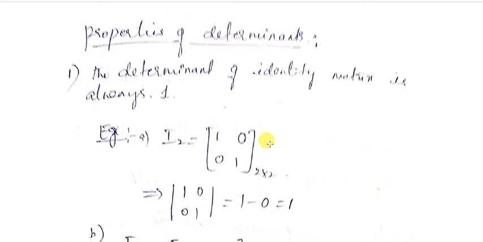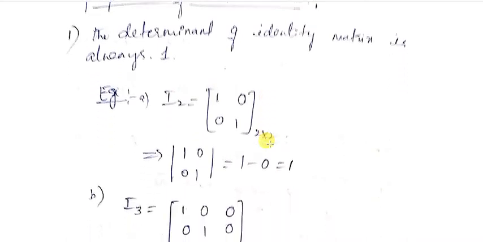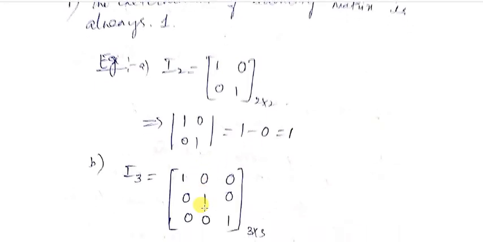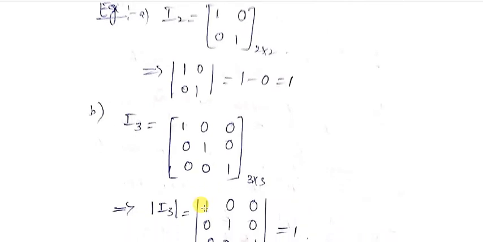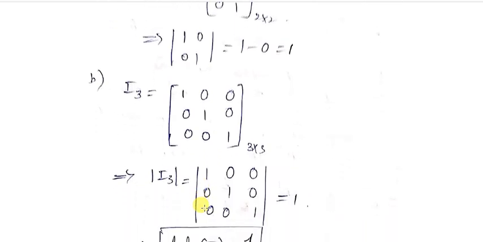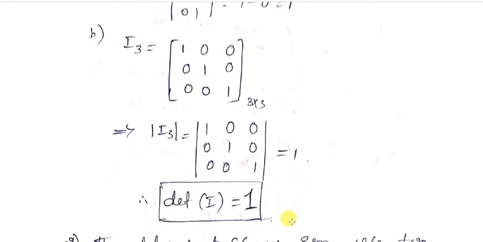Here I have taken one example, a 2 cross 2 identity matrix, whose expansion is 1. Similarly, I have taken a 3 cross 3 identity matrix, and its determinant is also equal to 1.